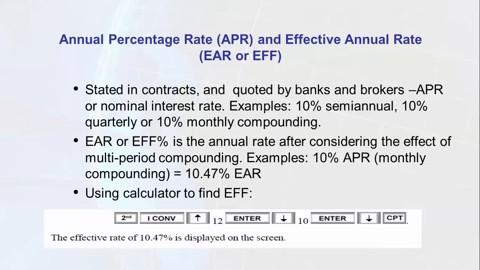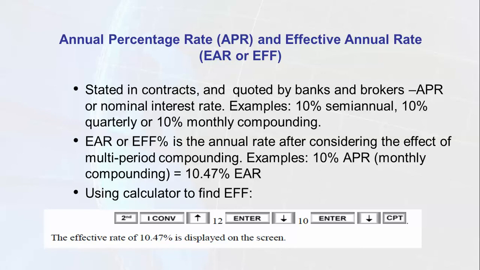That's your APR. What does that mean? Whenever you see any interest rate, it is a stated rate in the contract, quoted by the banks or brokers. Those rates are APR, annual percentage rate, or nominal interest rate.